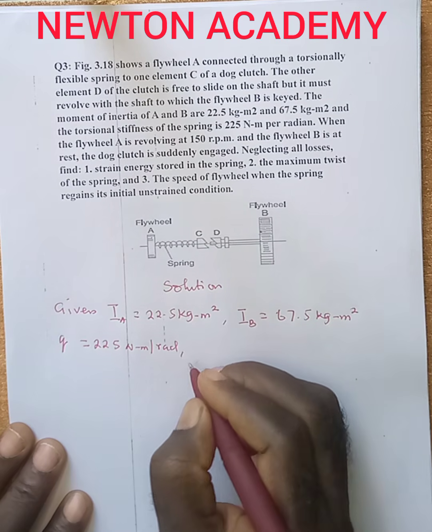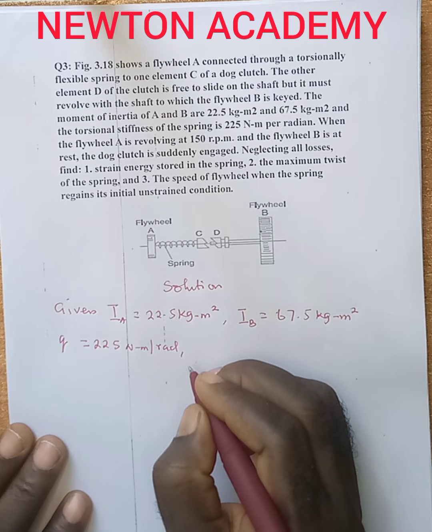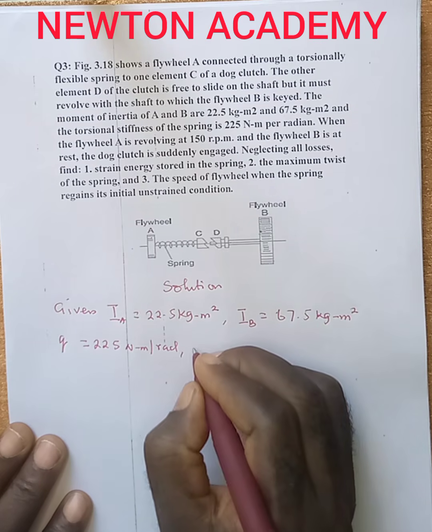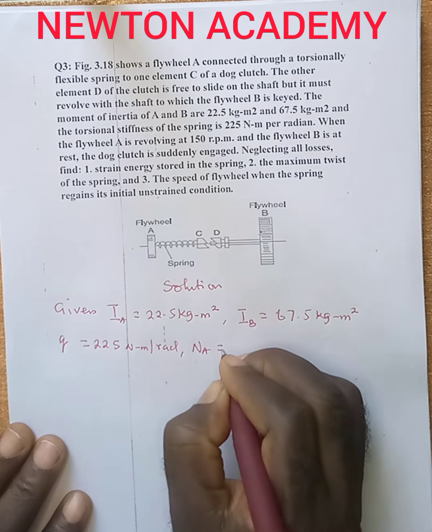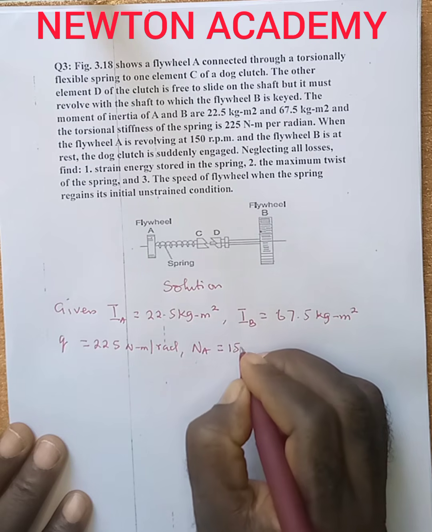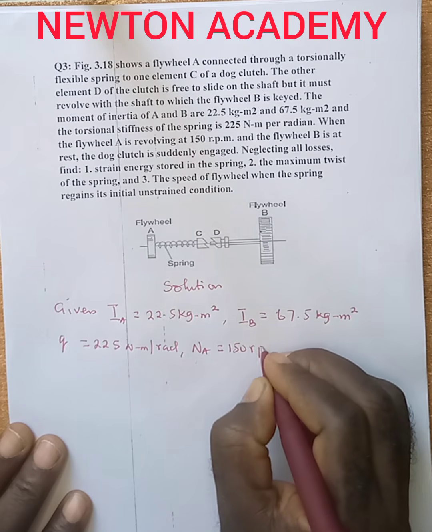Then also we are given the speed of the flywheel A, NA, as 150 RPM.